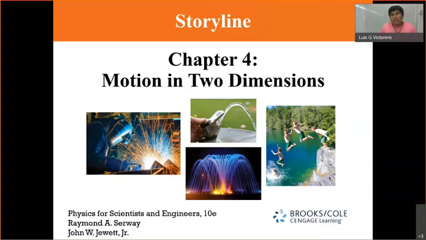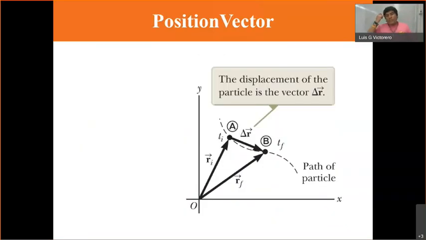So in chapter 2, we deal with motion in one dimension, either horizontally or vertically. In this chapter, we combine both, but we first need to review the whole idea of displacement now in terms of a vector r, where r, if you are on the plane, will have two components, the x component and the y component.